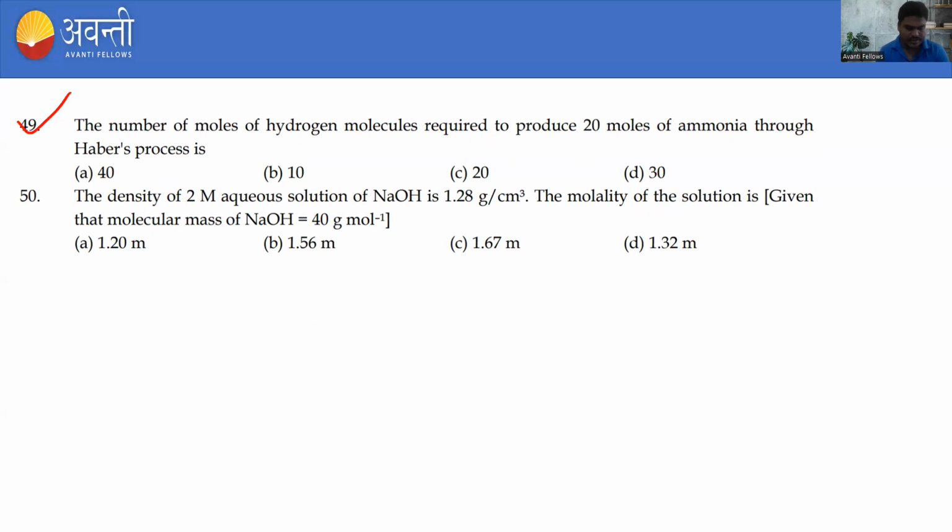You have to calculate the number of moles of hydrogen required to produce 20 mole of ammonia through the Haber process. We know what the Haber process is: N2 plus 3H2 gives us 2NH3. Right? So how many moles of hydrogen are required to produce 20 mole of ammonia? Hydrogen is the limiting reagent.